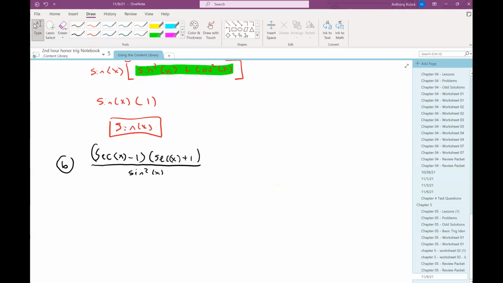Let's say we have secant x minus 1 times secant x plus 1, all divided by sine squared x. Typically, I like to start by looking for any algebraic things going on. Does anybody see an algebraic thing that might be of use?